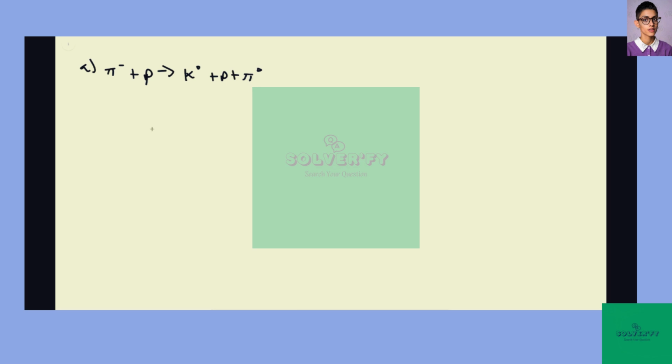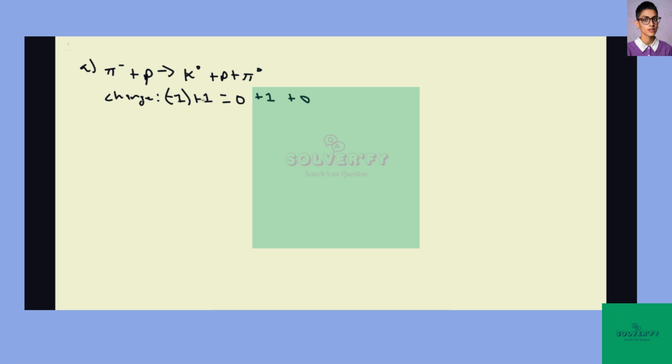All right, so we need to just look at all of our conservation laws, and as long as conservation laws are conserved, then they're possible. So first, let's start with charge. We have -1 for a minus pion, +1 for a proton is equal to 0 for a neutral kaon, +1 for a proton, +0 for a neutral pion.